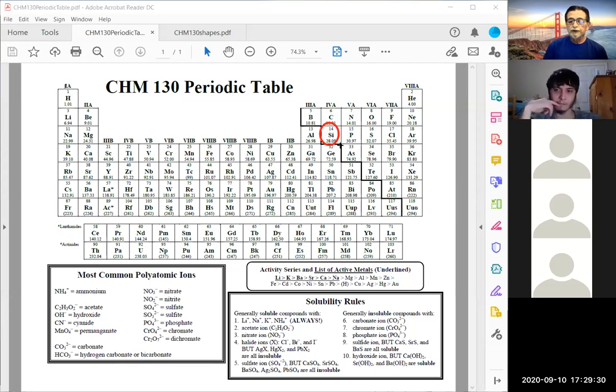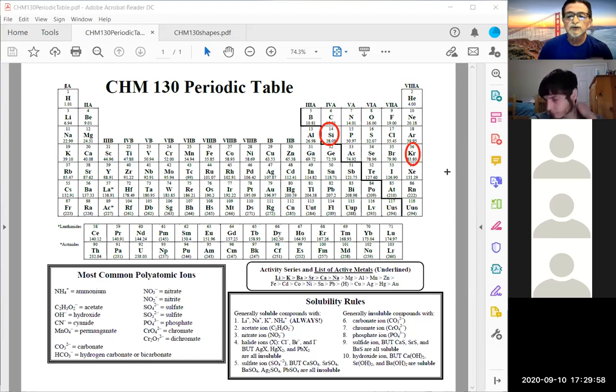Okay, if we look at almost any element there now, krypton, little Superman's nemesis, okay? Krypton has 36 protons, 36 electrons. You can calculate the neutrons, okay? It has how many valence electrons? 8, exactly.